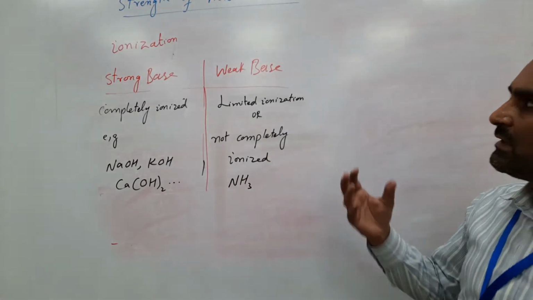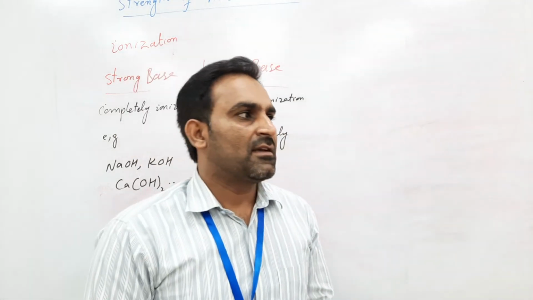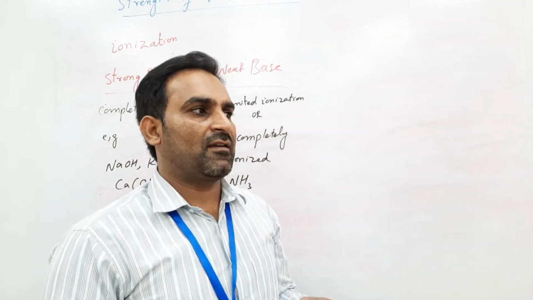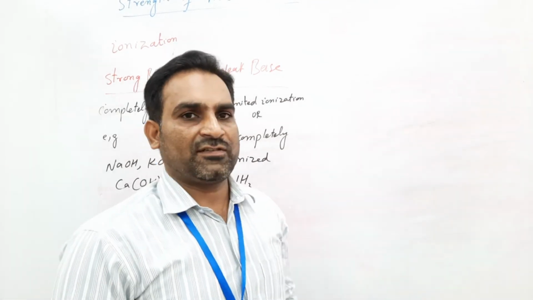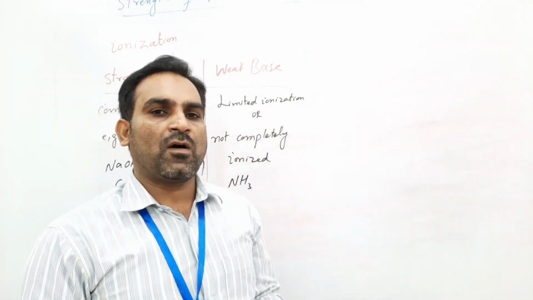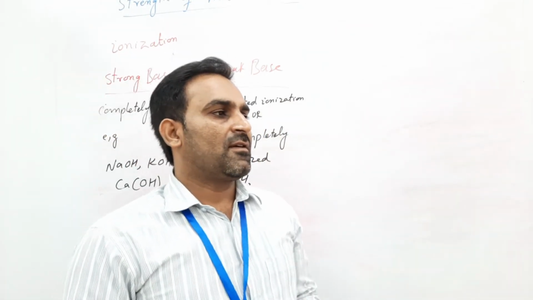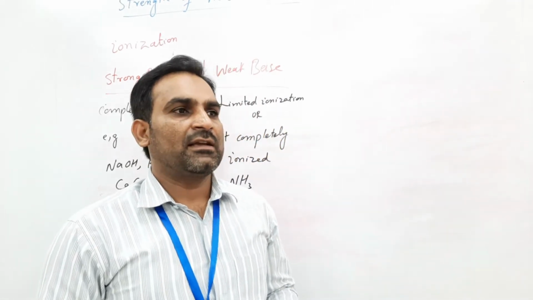So these are the strengths of acids and bases, and the strength of an acid or base mainly depends upon its ionization. Ionization is the phenomenon where a compound is ionized.